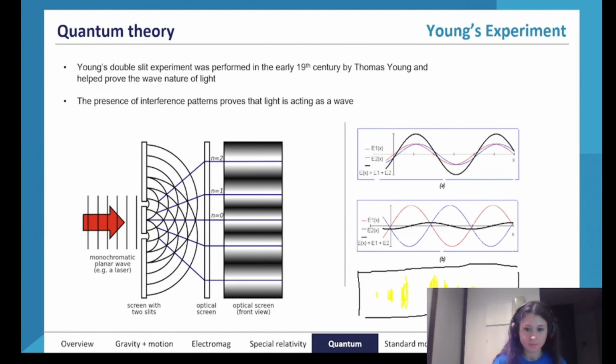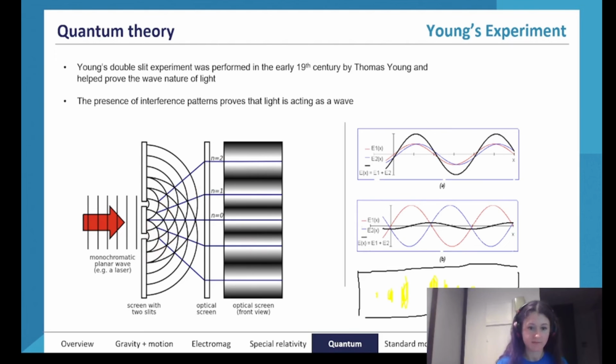What he saw with light was this uneven pattern where we have all of these different splotches of light, which implies that when the light goes through the slits, it bends around the slit and creates these patterns.